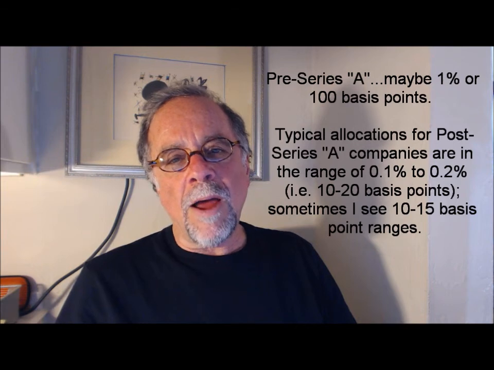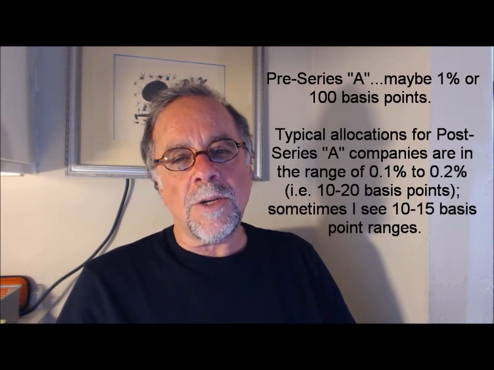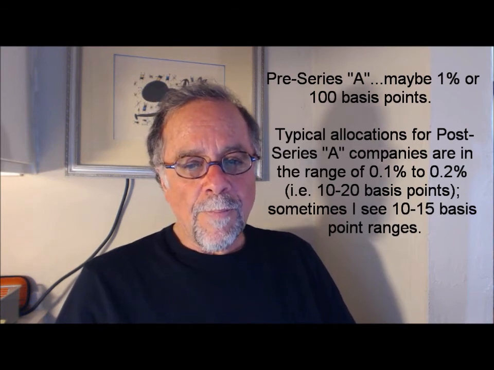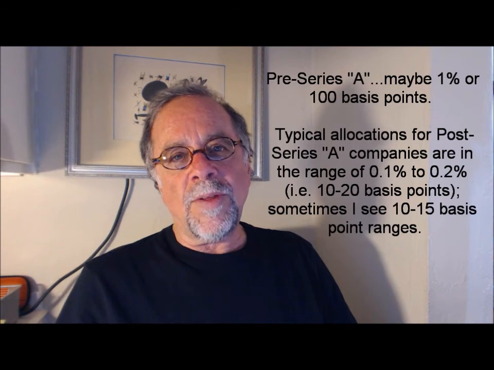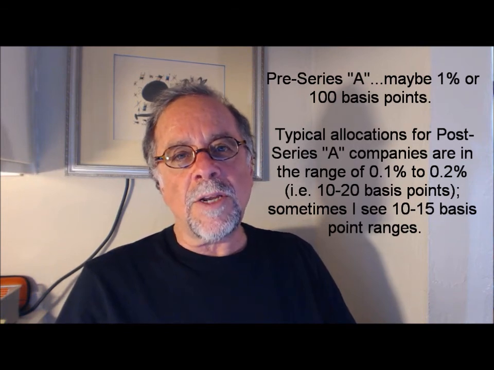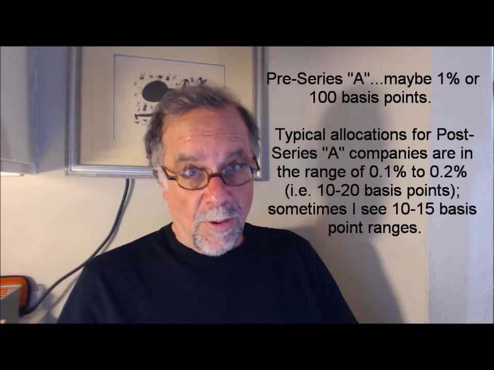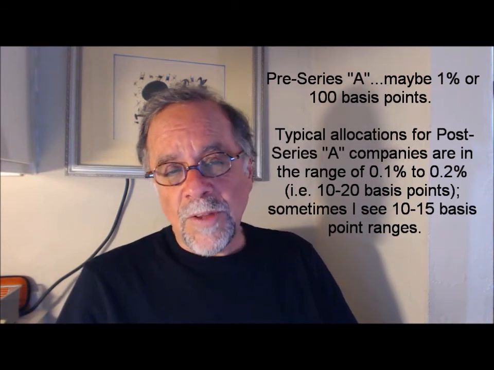But when you get beyond 5 engineers and you get into the Series A round, dilution happens quite quickly, and we're going to see offers in the range of 10 to 20 basis points, which, if you do the math, you can see that will scale for the first 50 employees.